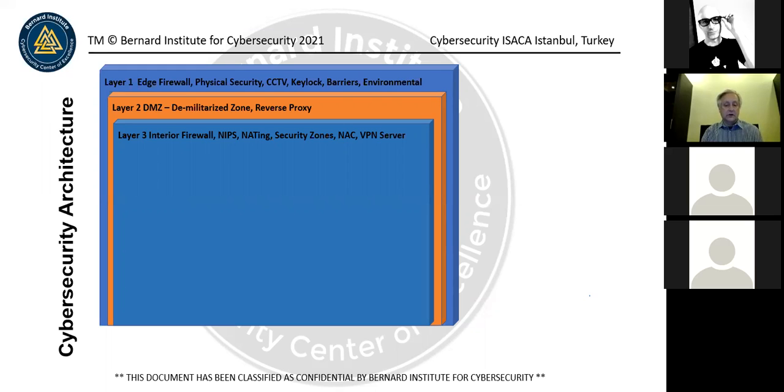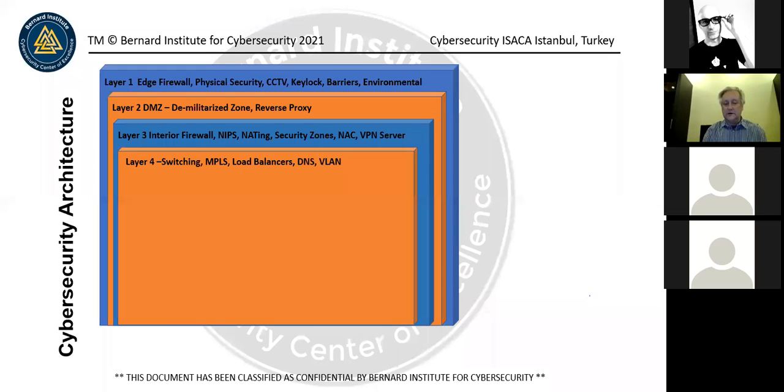This is usually where the security zones get defined. We could have network access control to make sure that unauthorized devices are not plugging into our network. And of course, the VPN server. Some people put the VPN server in different locations, but this is the most secure place to put it. So if you put your VPN server in the DMZ, yeah, that's probably not a finding.